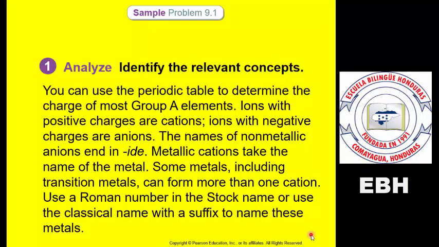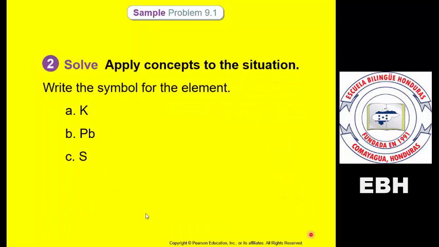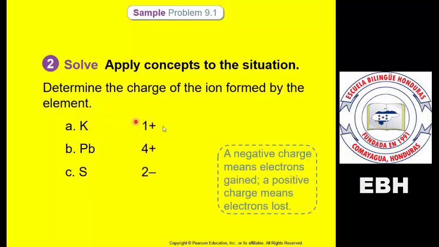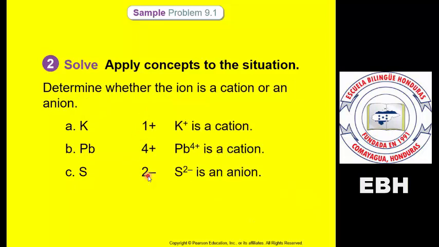Potassium is K. This is K with one positive charge. Write the symbol for the element. Remember the letter B: this is 4 positive. Over here you have to take a look at the periodic table for the valence of each element.